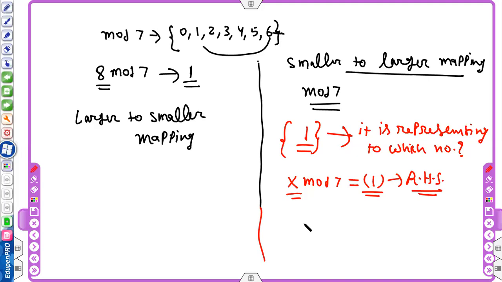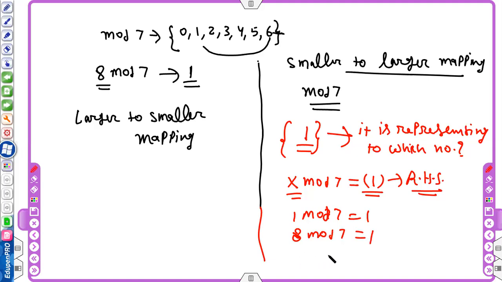Anyone? It can be 8. Yes, exactly. 1 itself can also be, since 1 mod 7 is also 1. It can also be 15. Yes, 8 mod 7 is also 1.